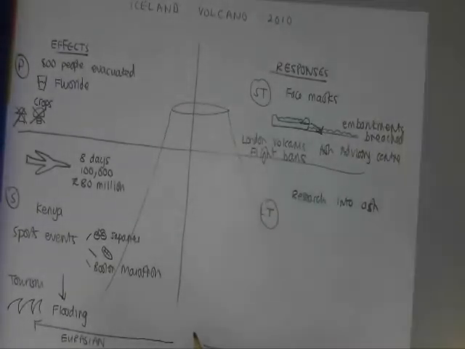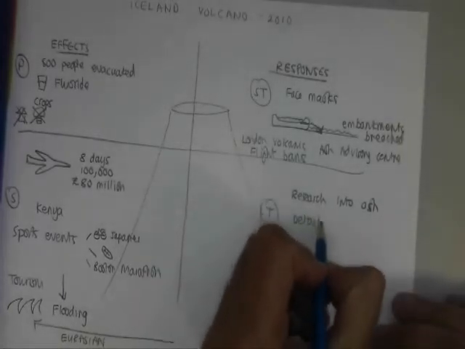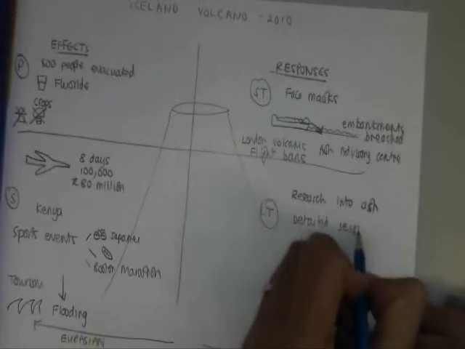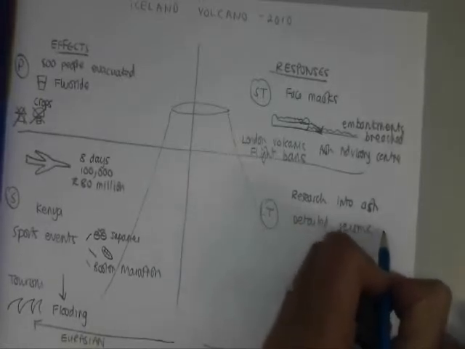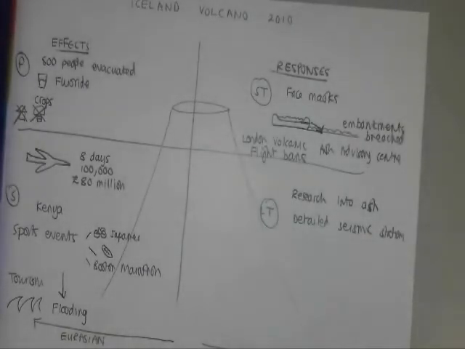They also have much more detailed seismic stations across Iceland now in order to monitor the tectonic activity that was taking place and try and give early warning to people.